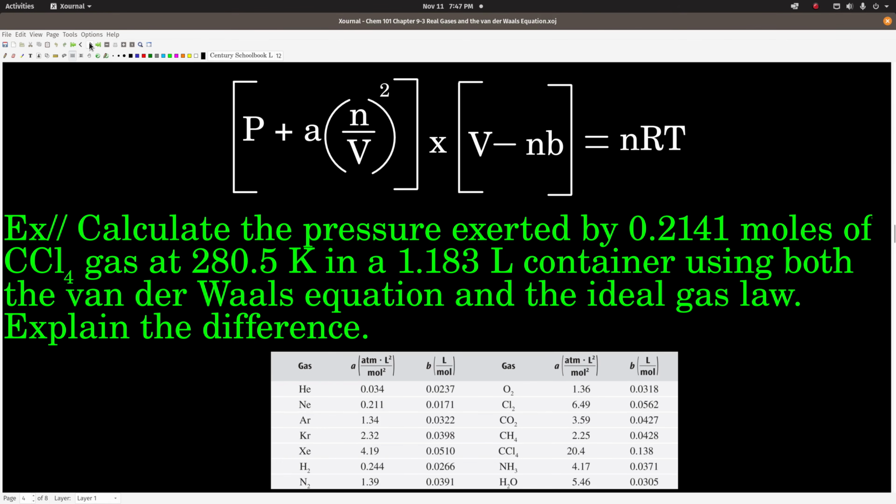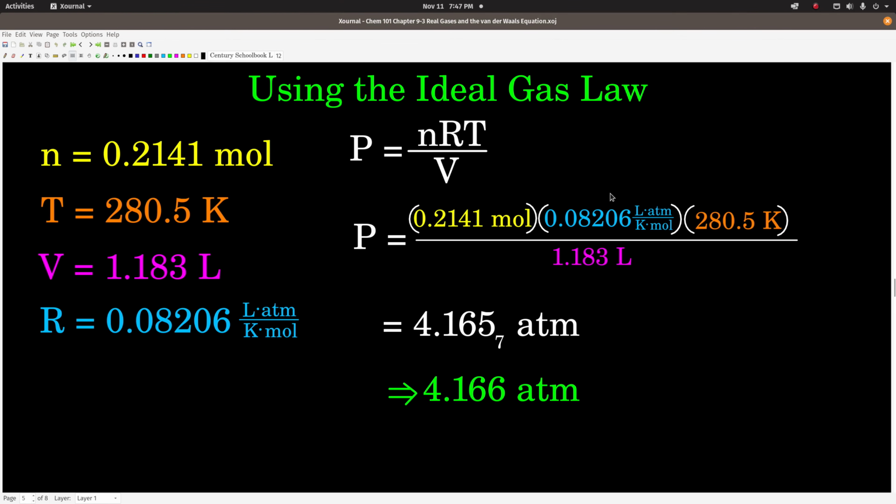Welcome back. All right, so first, the ideal gas law should be pretty familiar. PV equals nRT, P equals nRT over V. Listing our variables, N, T, V, and R. So I'm using this value of R. Important to point this out.